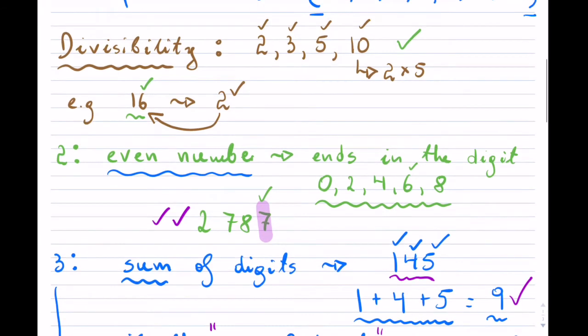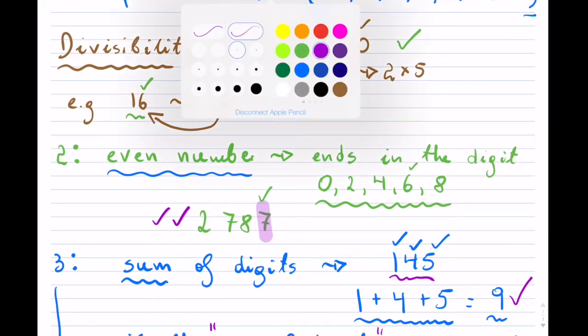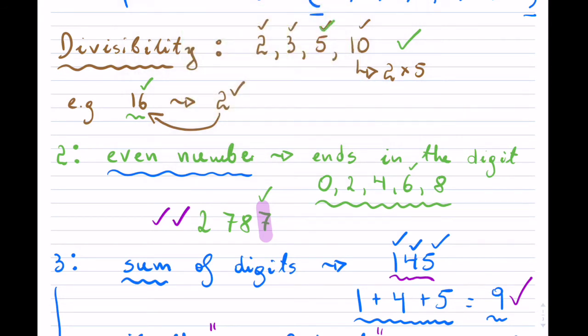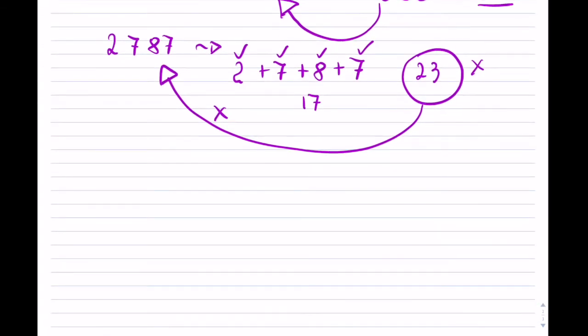When I scroll back here, the next digit was divisibility by 5. This one is very similar to divisibility by 2, where you can check if a number is divisible by 5 if it ends in a 0 or a 5. And it doesn't matter how big the number is.